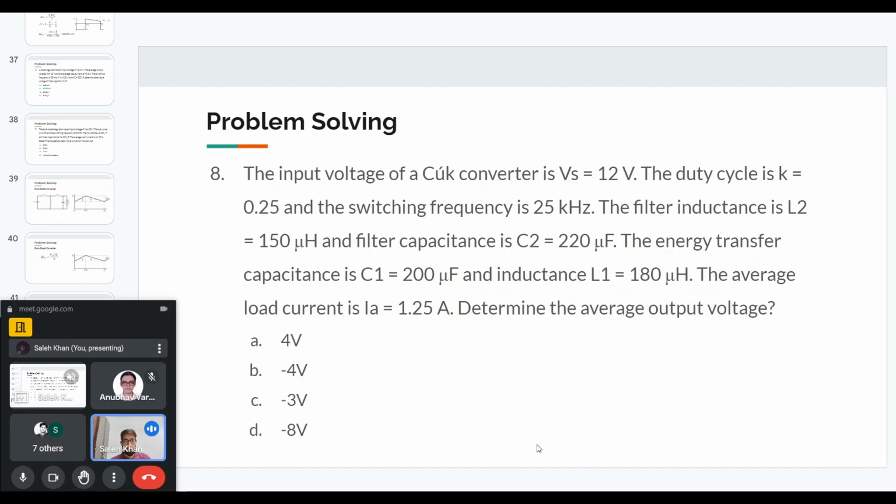The next problem is about a Cuk converter. The input voltage is given, duty cycle is given, switching frequency is given, both the inductor values and both the capacitor values are given, and the average load current is also given. We are asked to determine the average output voltage.